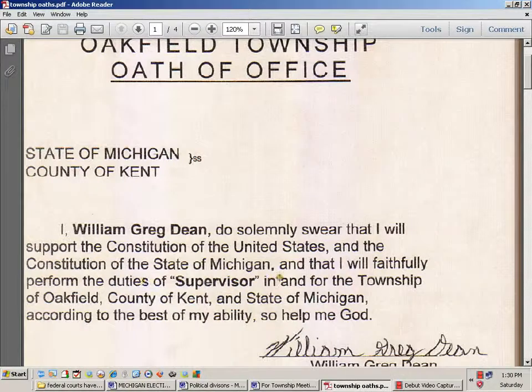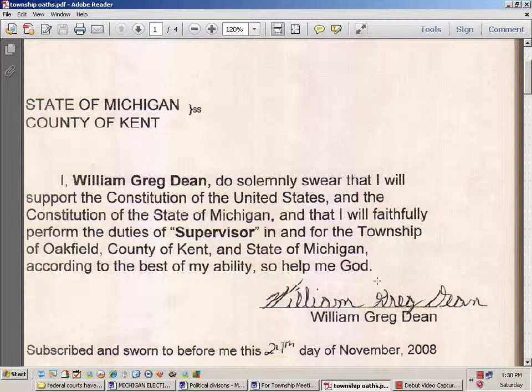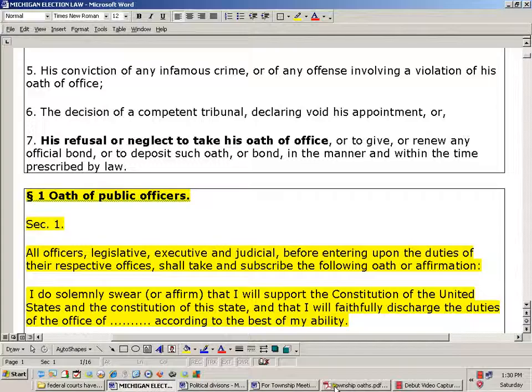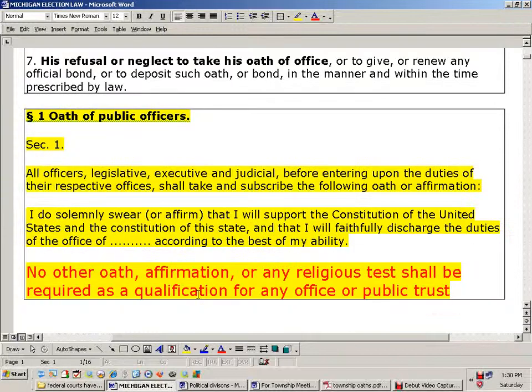The duties of supervisor in and for the township of Oakfield, county of Kent, state of Michigan, according to the best of my ability, so help me God. Well, that is not the Constitution that they need to take. And so if they refuse or neglect to take this oath, they don't hold the office. And so they have a deficiency. They took the wrong oath.